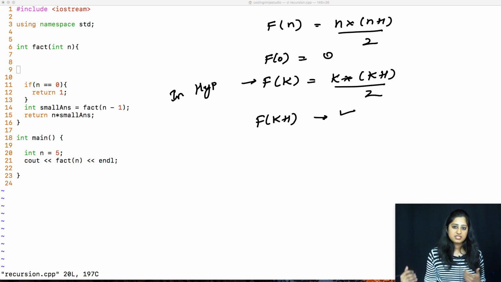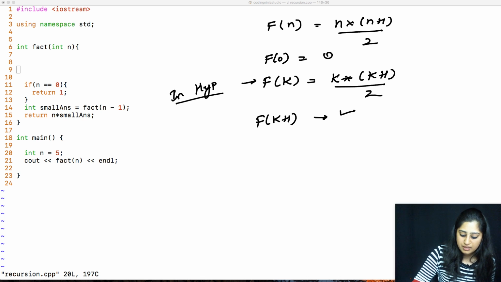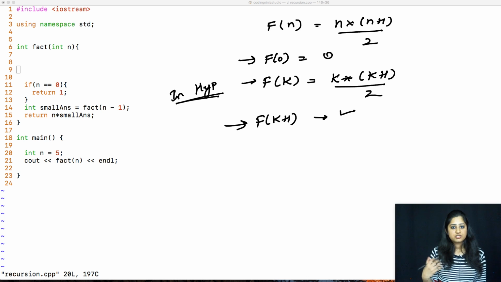These were the steps that we were following, and if we are able to prove that the formula is fine for f of k plus 1, we used to say that the formula will work for any natural number. We took a hypothesis, tested for a small value, moved to the induction step where I actually have to prove it for k plus 1, and once I am able to solve my induction step correctly, I can say that it is going to work for any natural number.